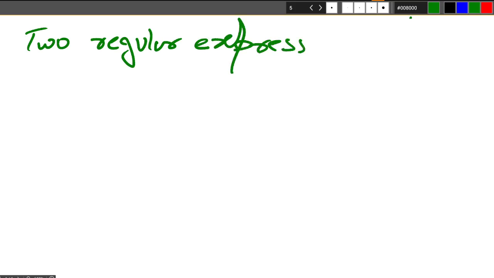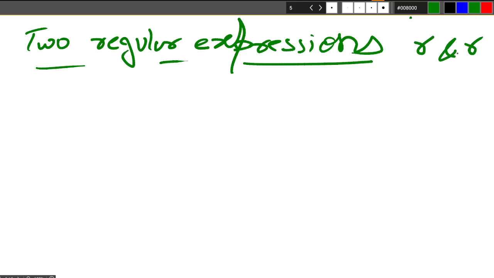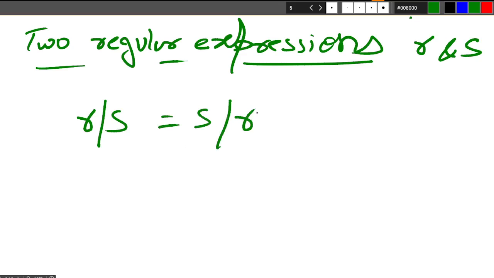Whenever you write regular expressions, suppose you have two regular expressions, and their names are R and S. If you are writing R or S, you can also write it as S or R. It is okay.